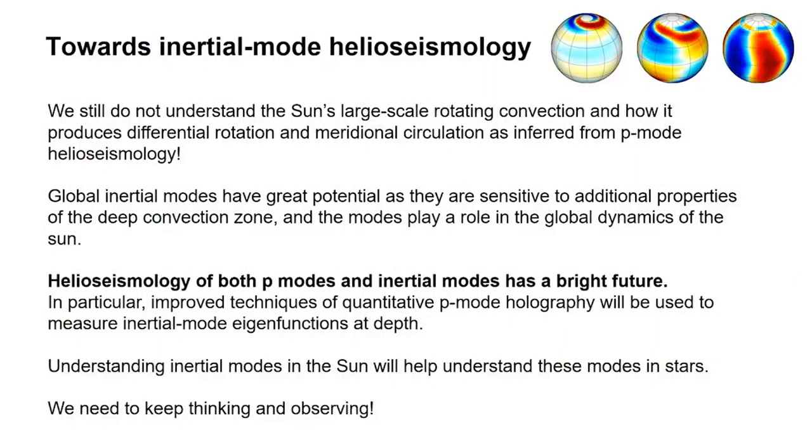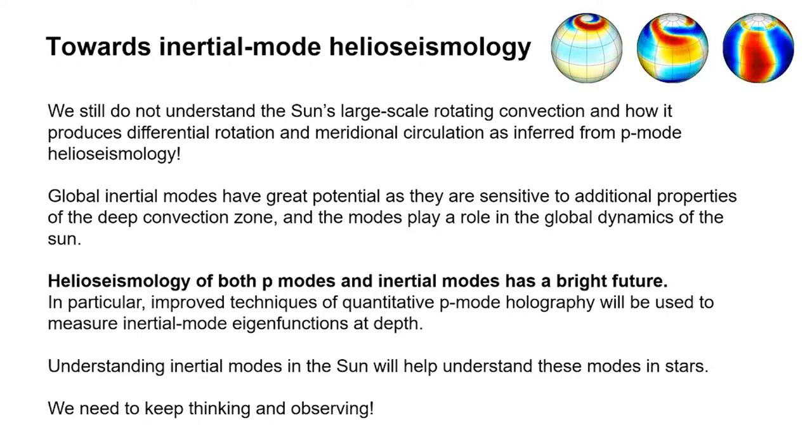So I am trying to summarize a little bit here what we've learned. But first, I would like to repeat that we still do not understand the sun's large-scale rotating convection and how it produces differential rotation and meridional circulation as inferred from P-mode helioseismology.